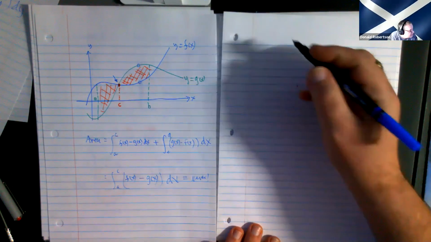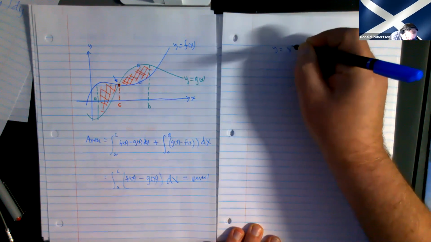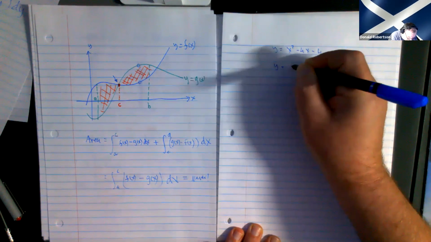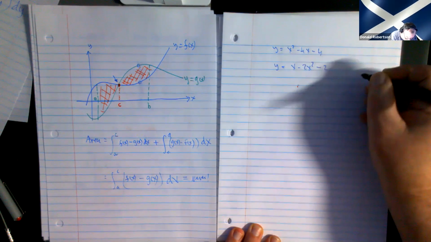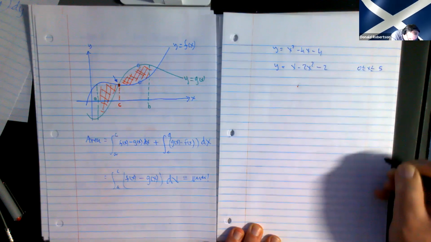So the question I set up there was find the area between this quadratic and this quadratic from x equals 0 to 5.